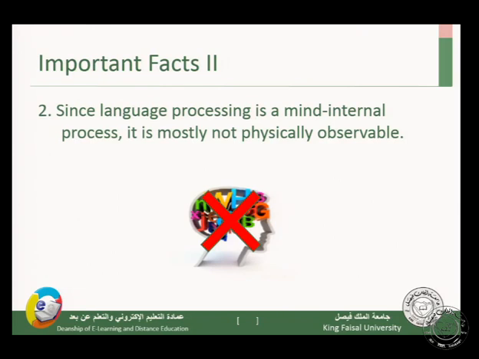You cannot see how the brain works while producing language or while listening to language. It's a process which is inside the brain. If you opened someone's skull, you're not going to see letters, words, or phrases. What you are going to see is just the organ, the brain.